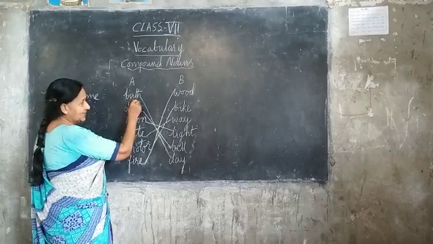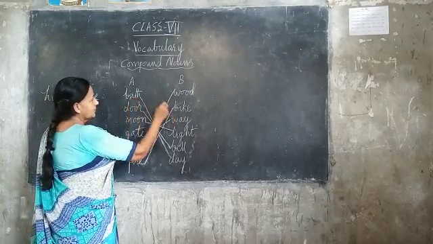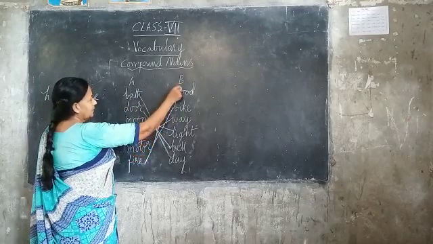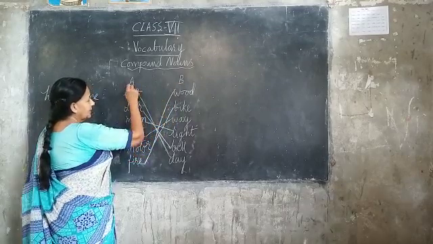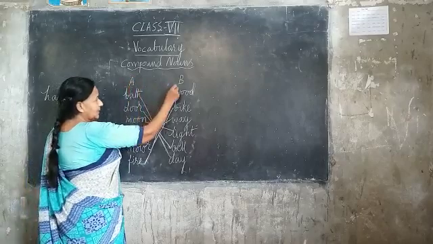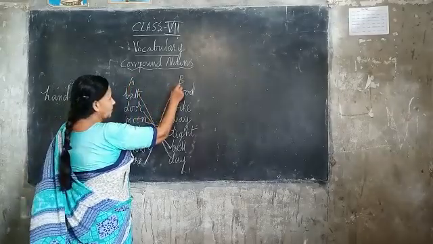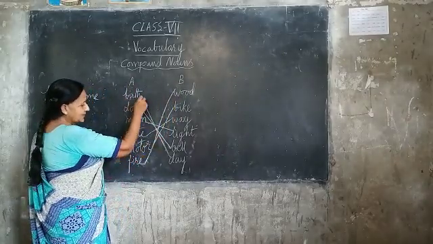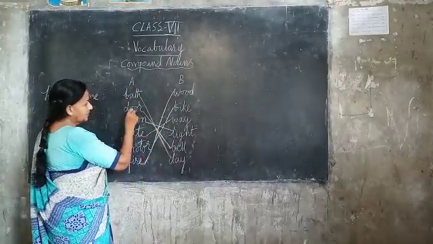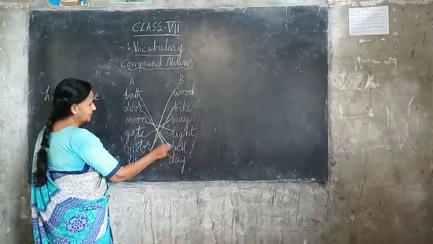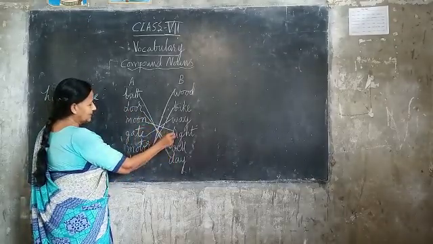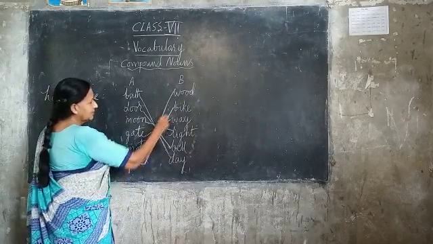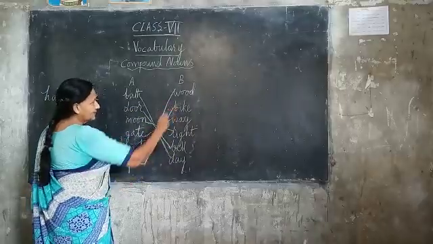While joining it to another word, the words in group A, joined with the words in group B, form new words. So, birth, day, door, bell, moon, light, gate, way, motor, bike, fire, wood.